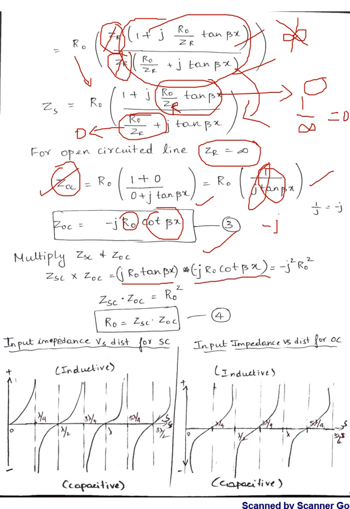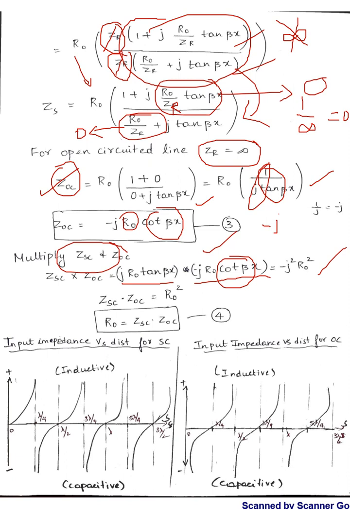Now I'm going to multiply this ZSC and ZOC. So ZSC into ZOC is equal to j R naught tan beta x times minus j R naught cot beta x. Can I write cot as 1 by tan? If I write 1 by tan here, can I cancel this tan beta x and 1 by tan beta x? So what will be the remaining term?